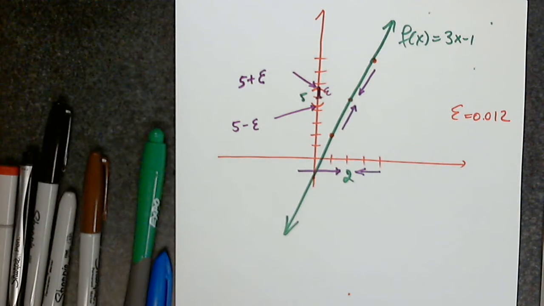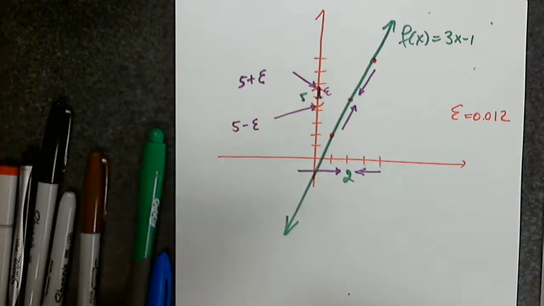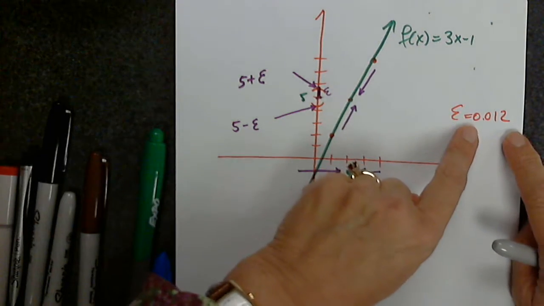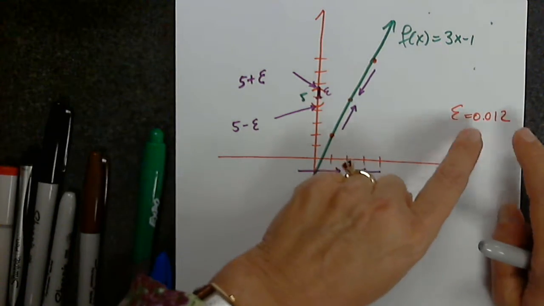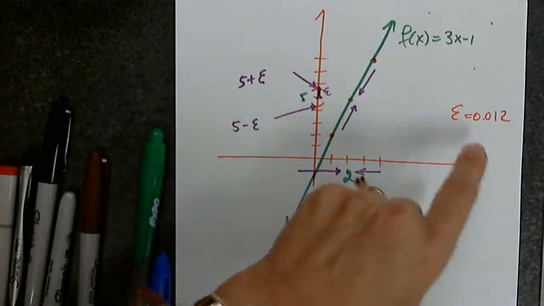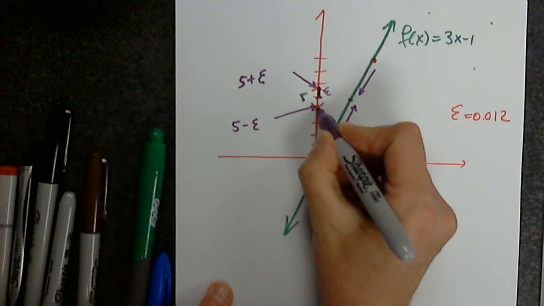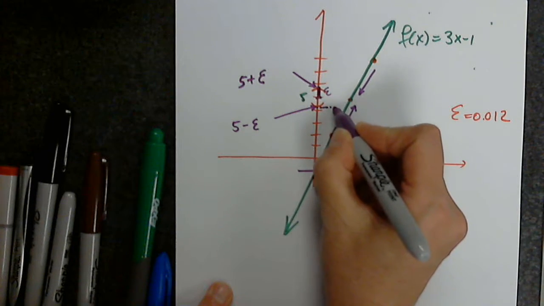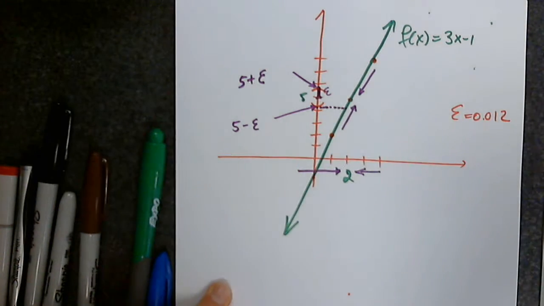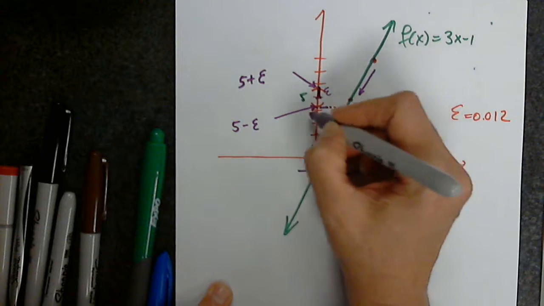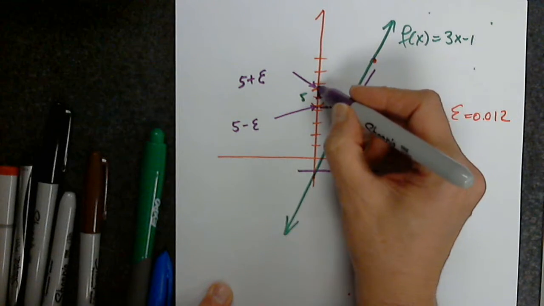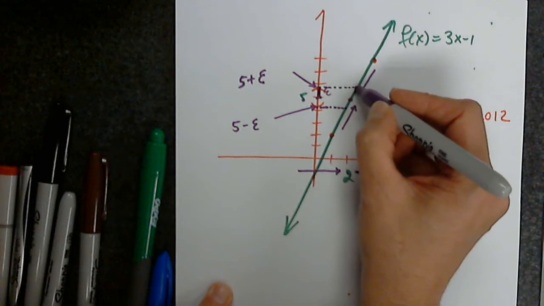Because the limit exists for any epsilon, not just for this one, but I'm going to illustrate for this one. For any epsilon, here's what I do next. I draw horizontal lines till those horizontal lines cross the function or touch the function, and here as well.